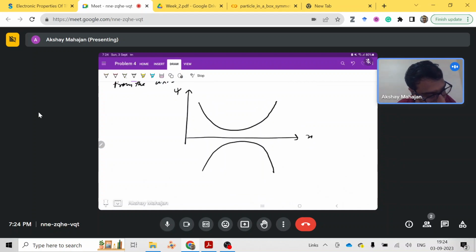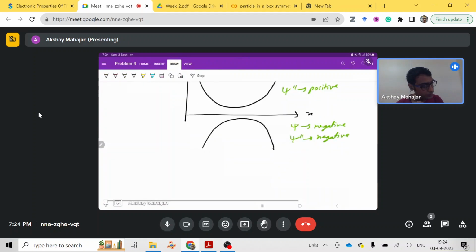So here psi is positive, so psi double prime also has to be positive, and if psi is negative, then psi double prime also has to be negative, because we are considering that E is less than V min.